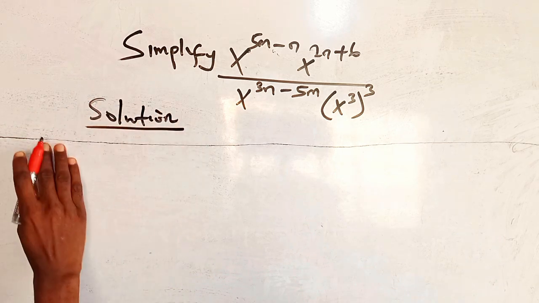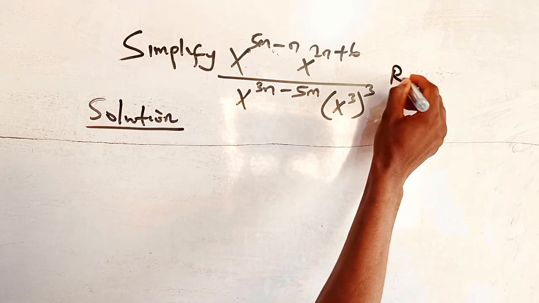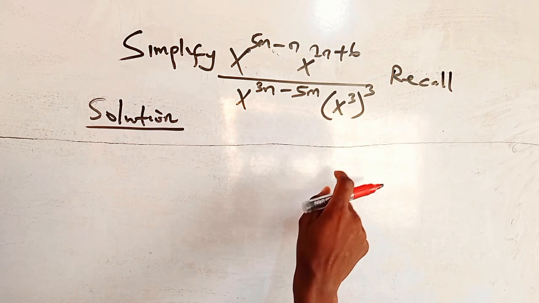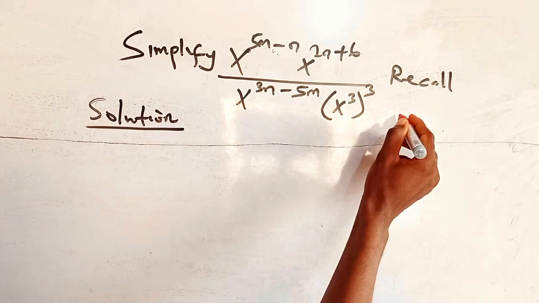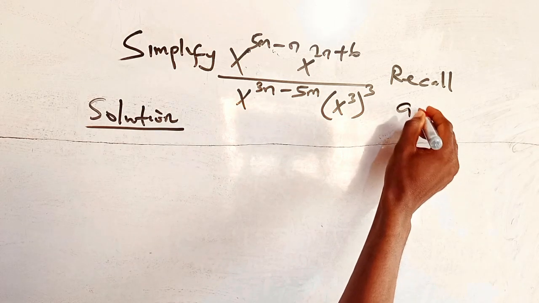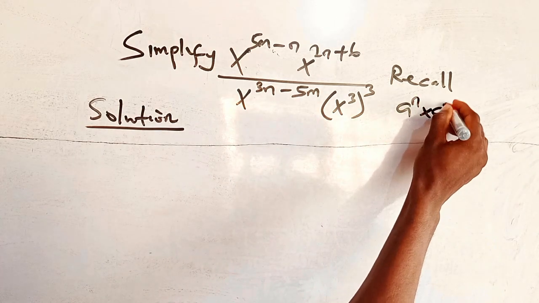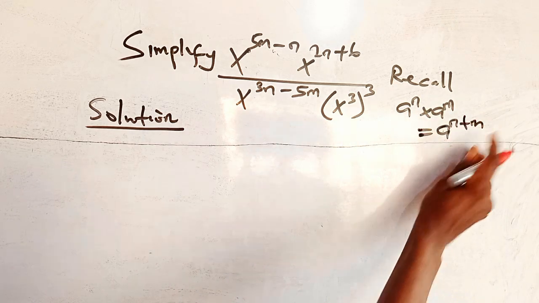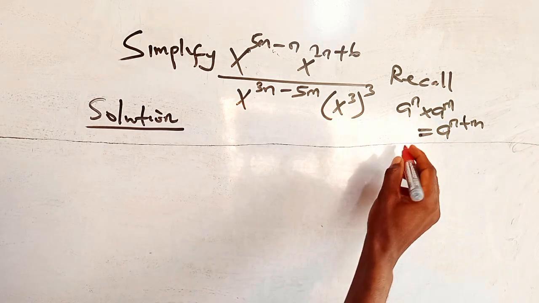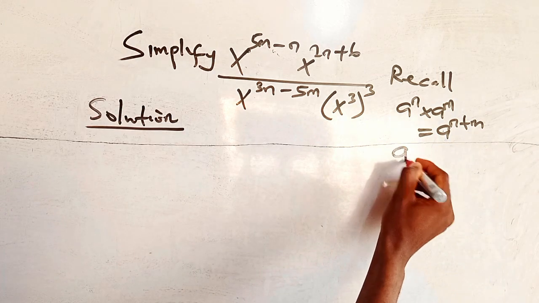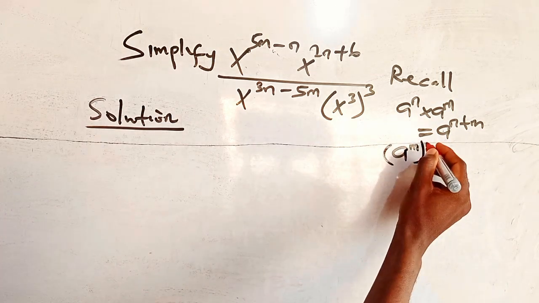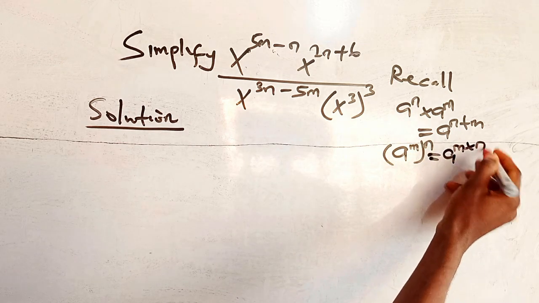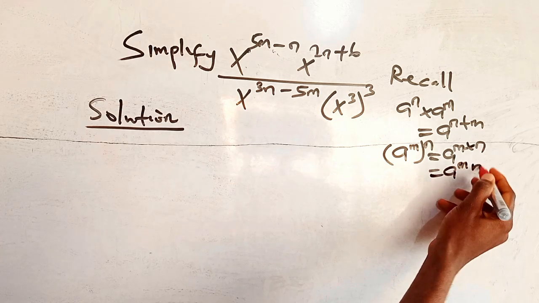Before we start solving, let us recall some basic laws of indices. We have the multiplication law: when we have the same base, we pick out one base and add up the indices. For the exponent law, when we have something like this, we bring out the base and multiply the exponents, so we have a raised to the power mn.